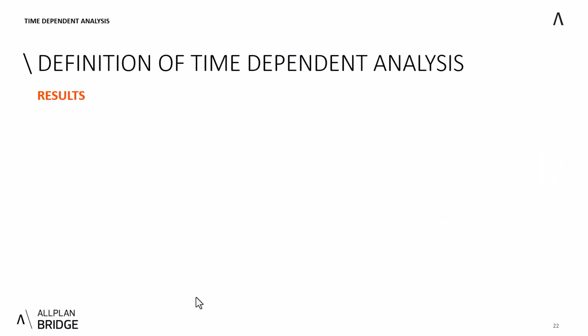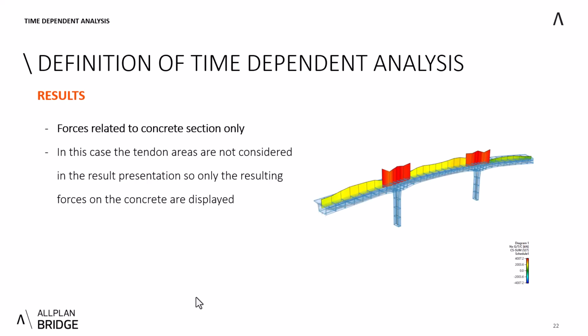Then, once we get to the results, we also have two different result representation types, which we need to cover. We can take a look at the forces that are related to the concrete section only. In this case, the tendon areas are not considered, and the result is pretension, so only the resulting forces on the concrete are displayed. So what we remove from the concrete for the tendon is not considered here.